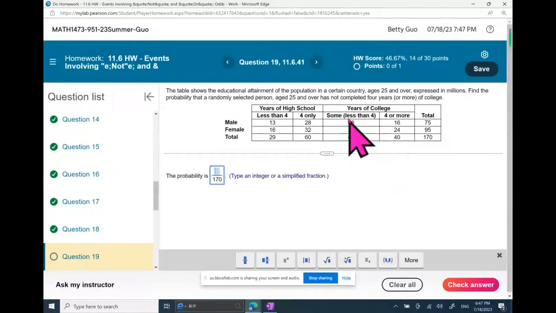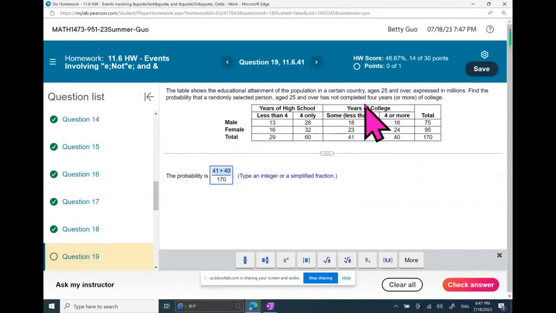So I would say this column and or this column. Less than 4 years college. This is more of college. So I have 41 plus 40. And that's it, because the two events are mutually exclusive.